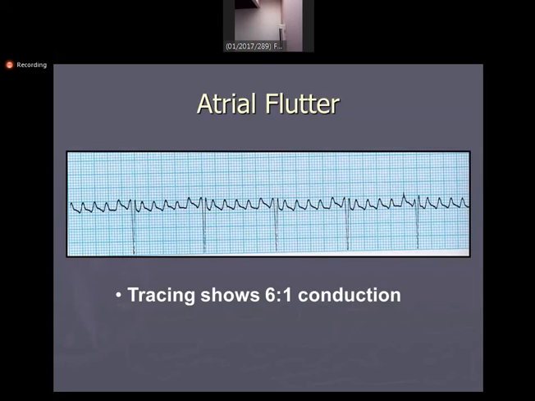And every fourth or fifth electrical activity is going into the ventricular conducting system and causing ventricular depolarization. It is flutter.